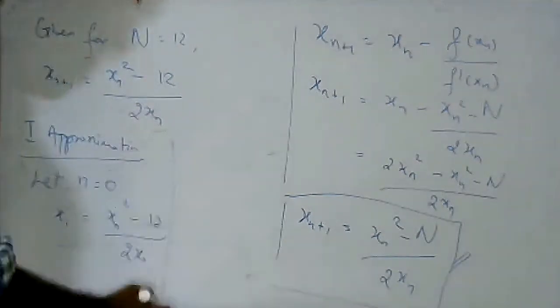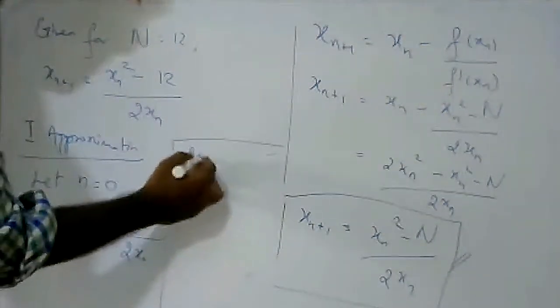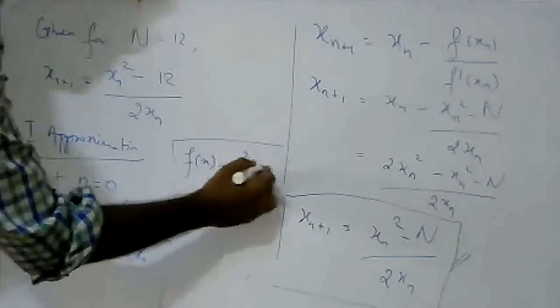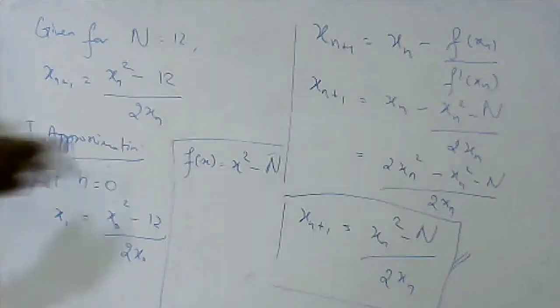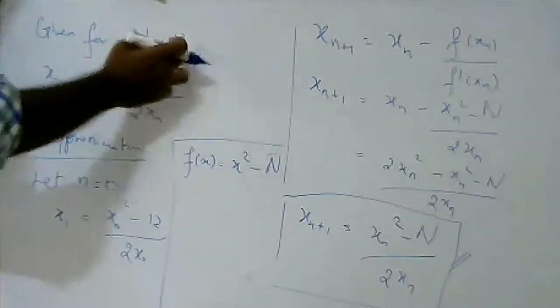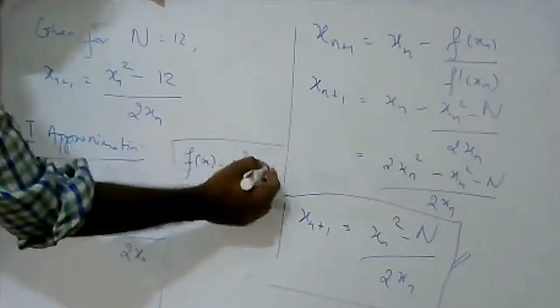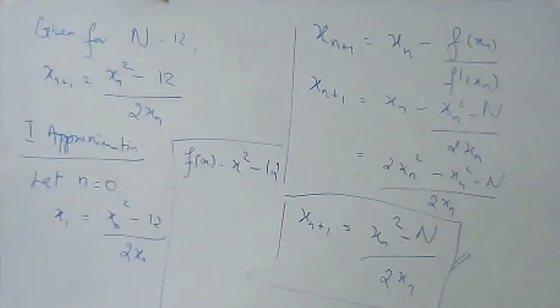Since what is your given f of x? f of x equal to x square minus capital N. But for this particular problem, N equal to 12, f of x is nothing but x square minus 12.